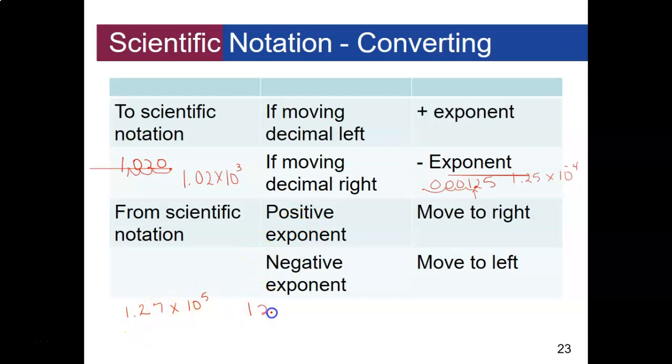There'll be 127,000. And then if I have a negative exponent, that tells me I'm going to move to the left. So if I'm moving to the left, I'm going to have 0.000128, because I'm going to move to the left 4 places, and I'm going to fill all those in with zeros, and I'm going to have my decimal here. So 0.000128.